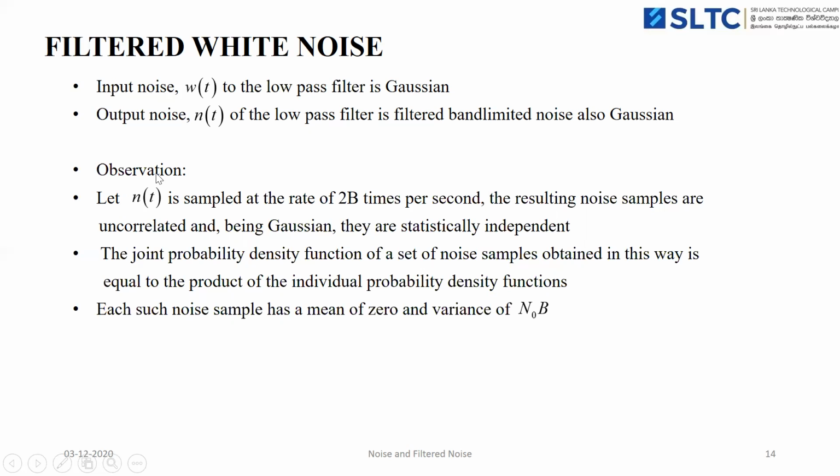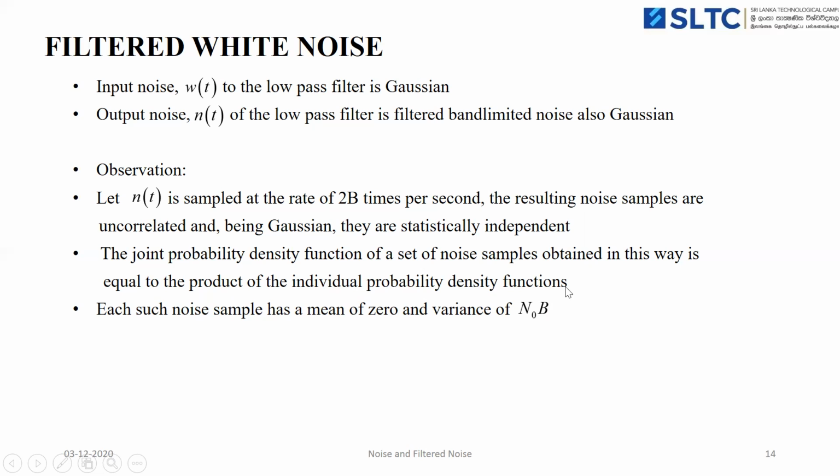Observation: for the filtered white noise, let n of t be sampled at a rate of 2B times per second. Then the resulting noise samples are uncorrelated, and if it is Gaussian, then they are statistically independent. And since the noise samples are uncorrelated, the joint probability density function of a set of filtered noise samples is equal to the product of the individual probability density functions.